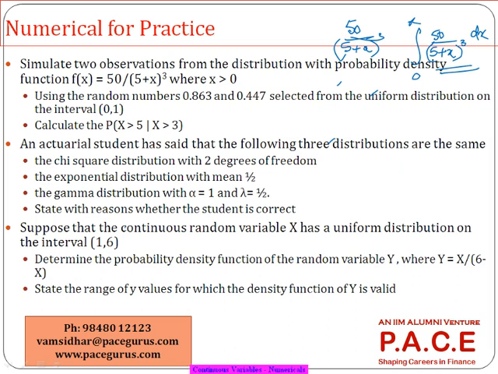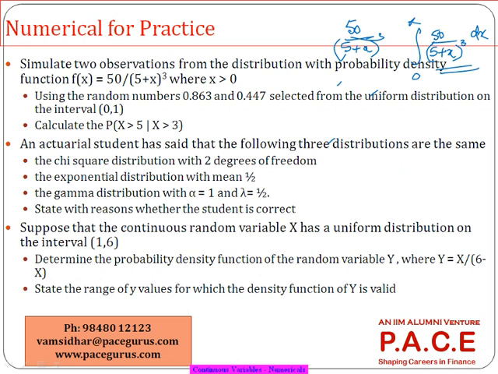It is nothing but integrating between 5 and infinity, which will give you P of x greater than 5. Integrate between 3 and infinity, it will give you P of x greater than 3. Divide one by the other, you will get your value.